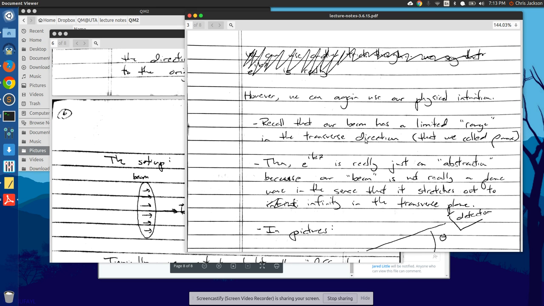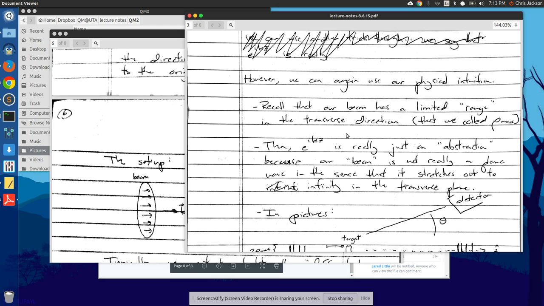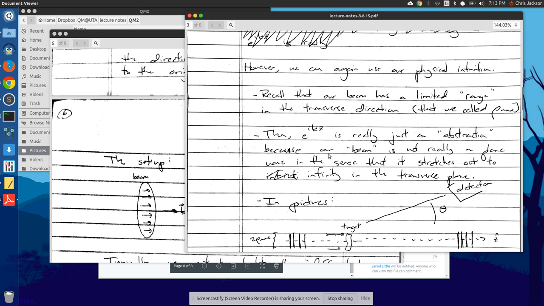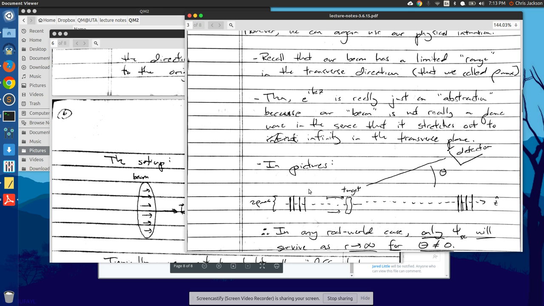We know that our beam, even though we represent it as a plane wave, is not going to be a true plane wave in the sense that it extends over all space in this XY plane. There's going to be some finite range to it. In terms of our impact parameter, we call that rho max. So this thing right here is only going to have a range of 2 times rho max.